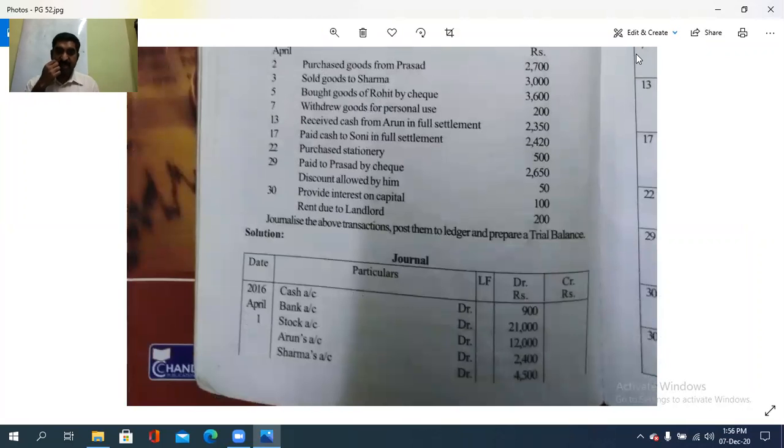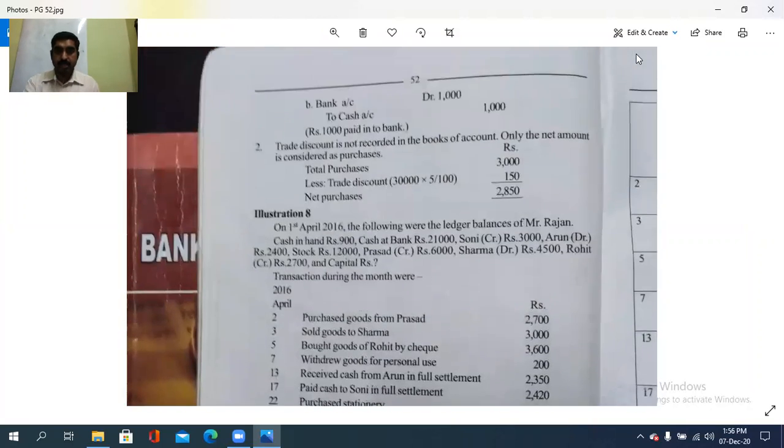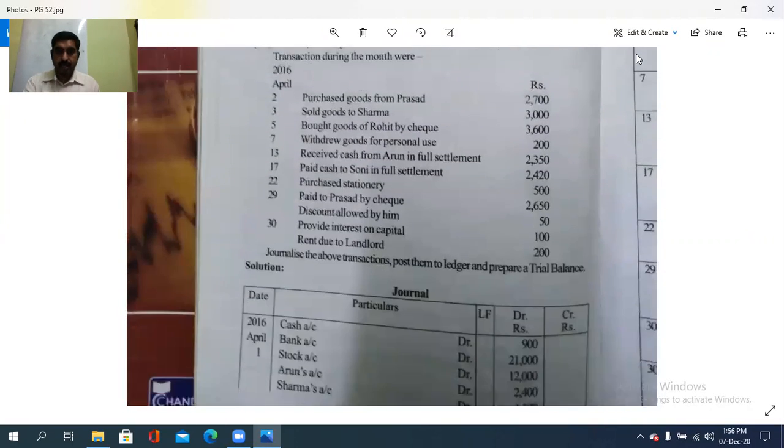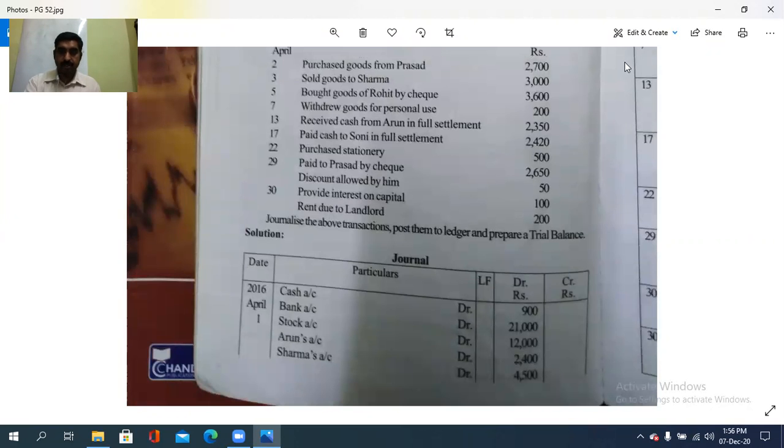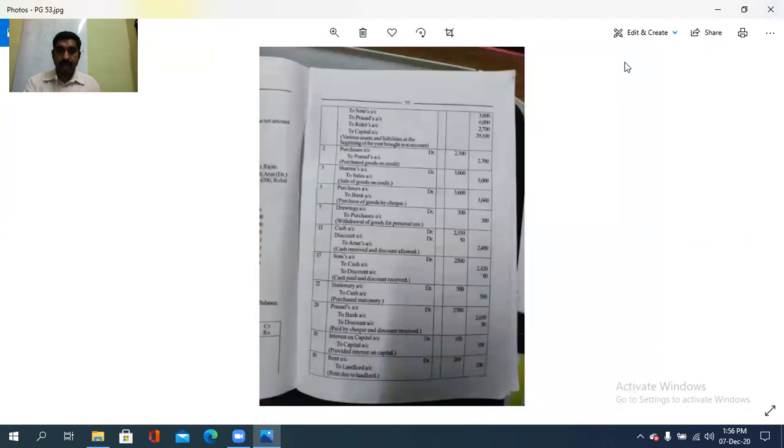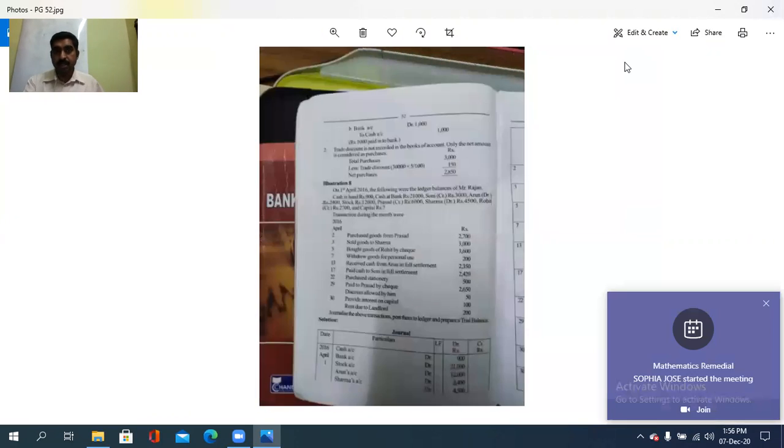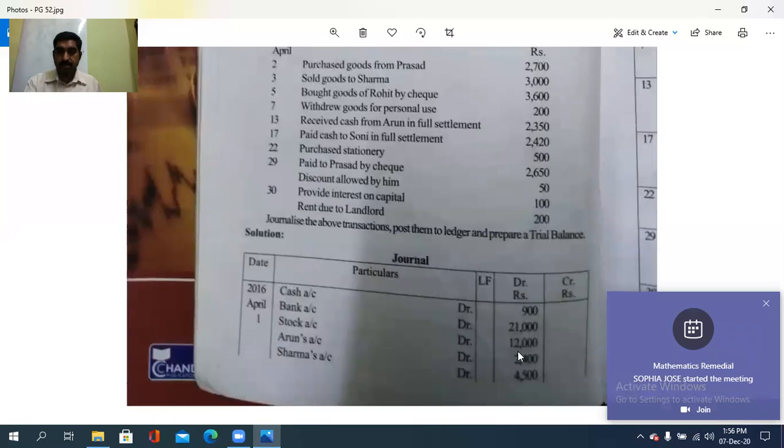That is the entry. See, cash account debtor, bank account debtor, stock debtor, Arun debtor, Sharma's account debtor. See, that is debited. And credit is what? Sony's account, Prasad's account, that is the creditor, Rohit's account, and the balance is the capital. So the debit side, how much is it? 9,900 plus 21,000 plus 12,000 plus 2,400 plus 4,500, that is the debit side.